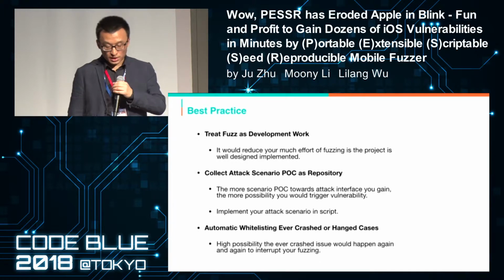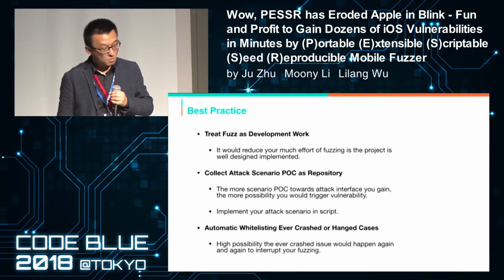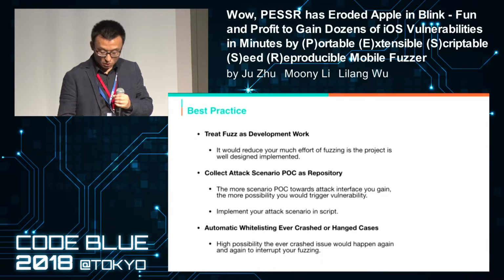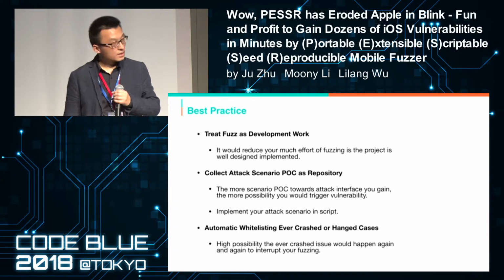As we see it, good fuzzing work should be extensible and portable, which should be achieved by good architecture design and high code quality. It would reduce much of your fuzzing effort if the project is well designed. Security researchers should build or share large-scale scenario POCs toward the attacked fuzzing interface.